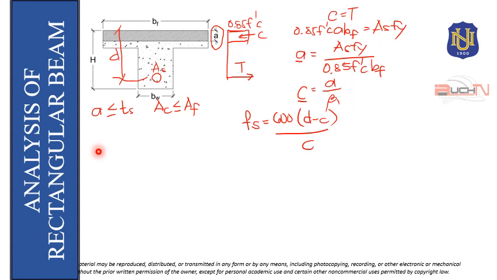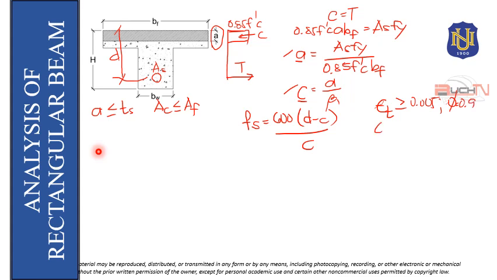So, kapag na-prove natin that steel yields, yung A theoretical na nakuha natin kanina is A actual and C theoretical is the C actual. Then, proceed tayo in getting the net tensile strain. So, kapag ang net tensile strain natin is greater than 0.005, so that will be ductile, and we can conclude that the reduction factor is 0.9.